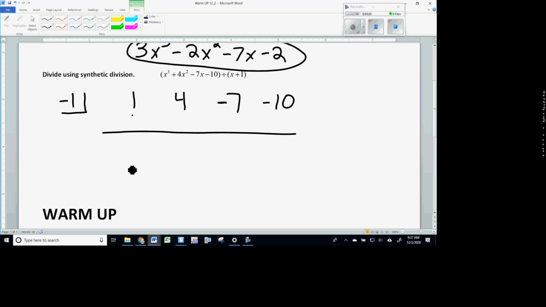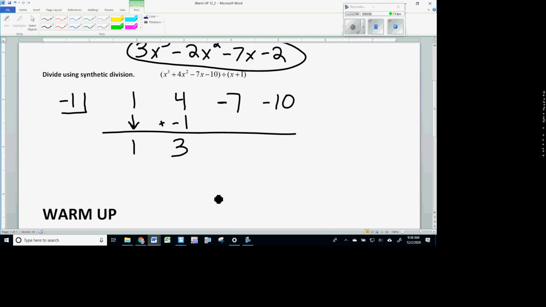Your first step is the 1 just drops straight down. And then if you remember, the number in the box, you always multiply that. So negative 1 times 1 is negative 1, you put that here. And then here, you add. Then you multiply again.